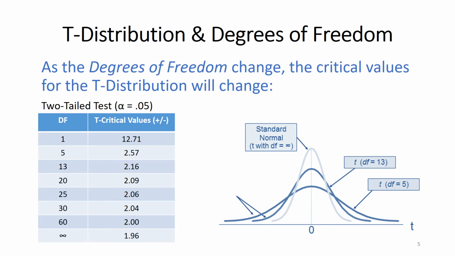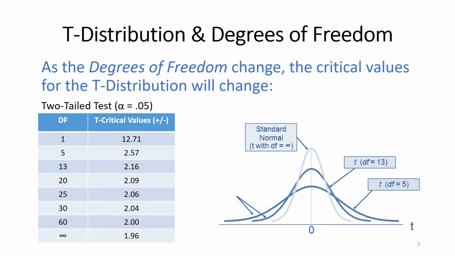And you'll notice, how does that impact the critical value? Well, the critical value is all about at what value in that distribution is there 5% of the total area under the curve beyond the critical value. Well, if the curve itself is flatter and wider, then that pushes the critical values further out from 0.